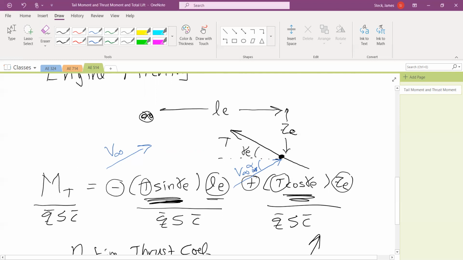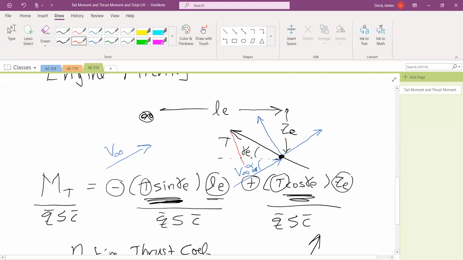And so the thrust in the lift direction is going to be the component perpendicular to V infinity, and the thrust component in the drag direction is going to be parallel to V infinity. And so the angles that we need to use to get those components, let's draw those in red right here.